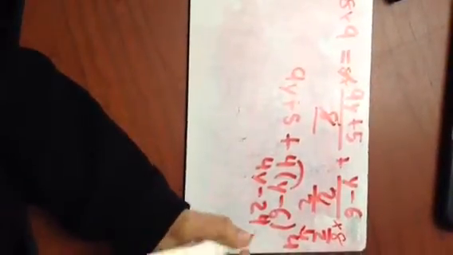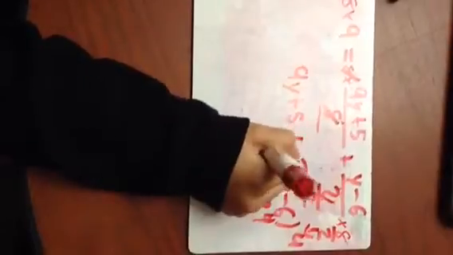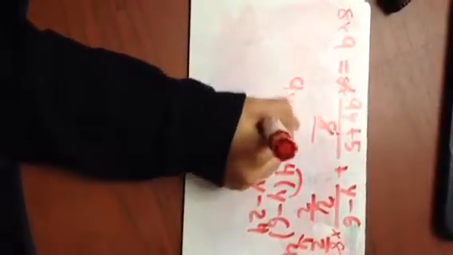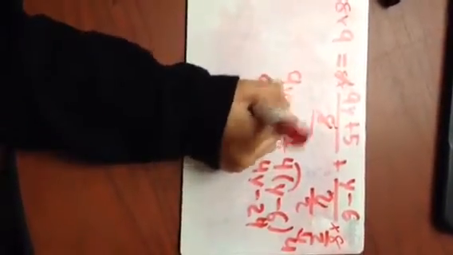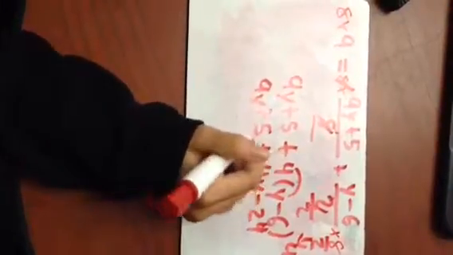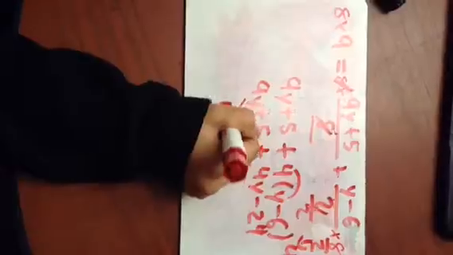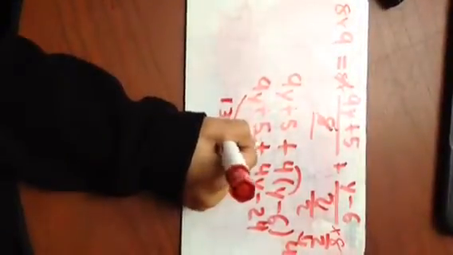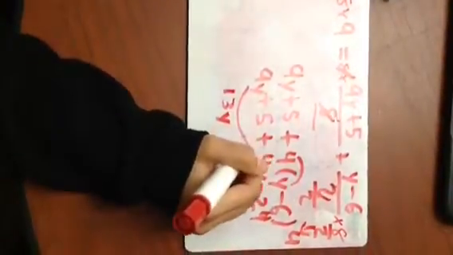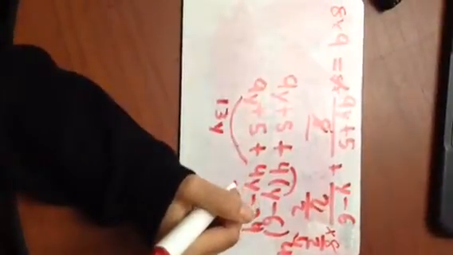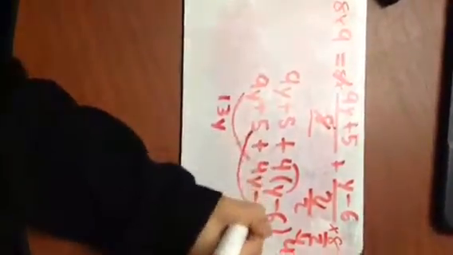Now you're going to combine like terms. Add 9y and 4y. This equals 13y. Now add 5 and negative 24.